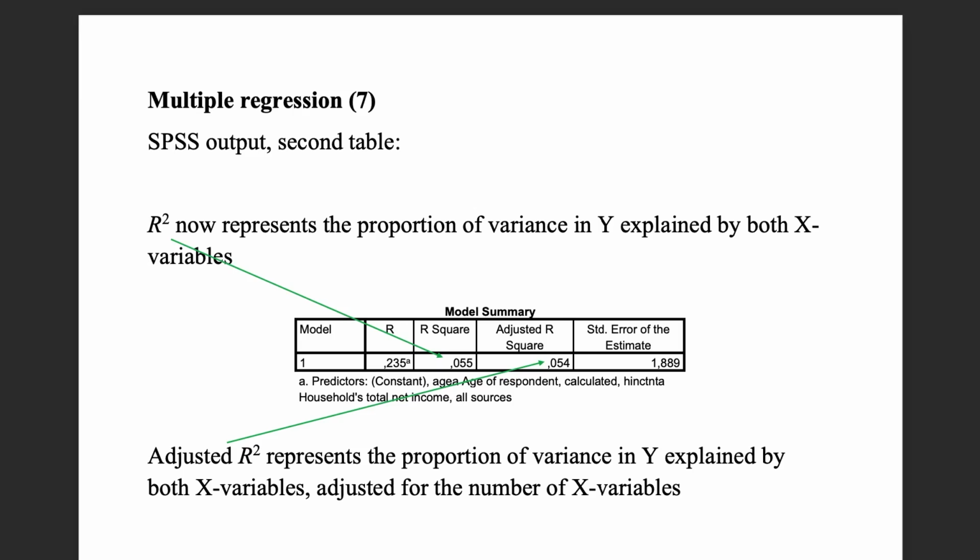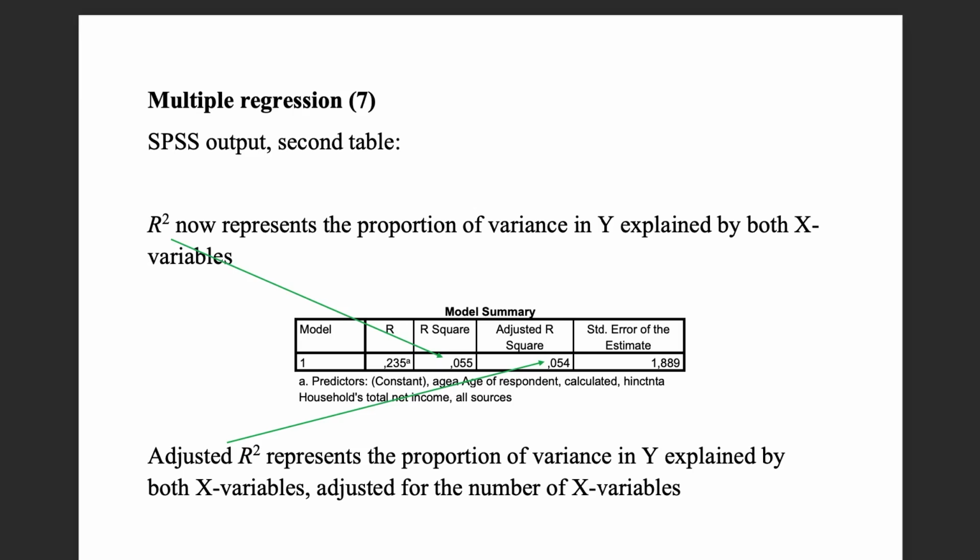So people thought about how we can somehow compensate for the fact that if we just enter more X variables, then R square always goes up, because we want R square to be at least somewhat a decent reflection of an estimate of the R square value that we would get in the population.